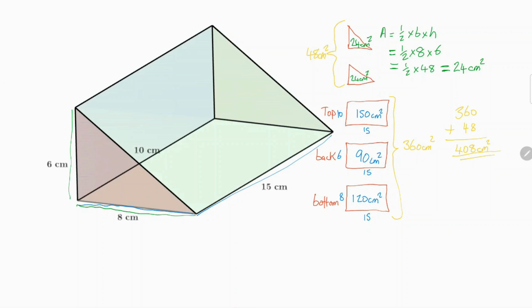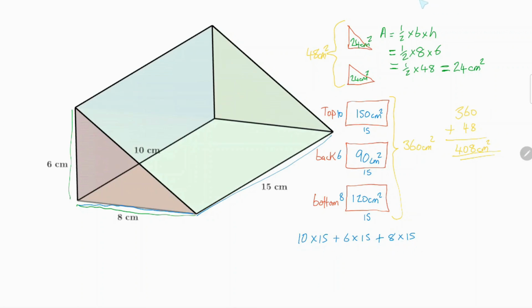Now, I'm going to show you a quicker way to calculate the surface area. Now, if we look at this calculation here, 10 times 15 plus 6 times 15 plus 8 times 15, we're just using the calculations that we used to find the surface area of the rectangles. Now, what number do you find common in each calculation?